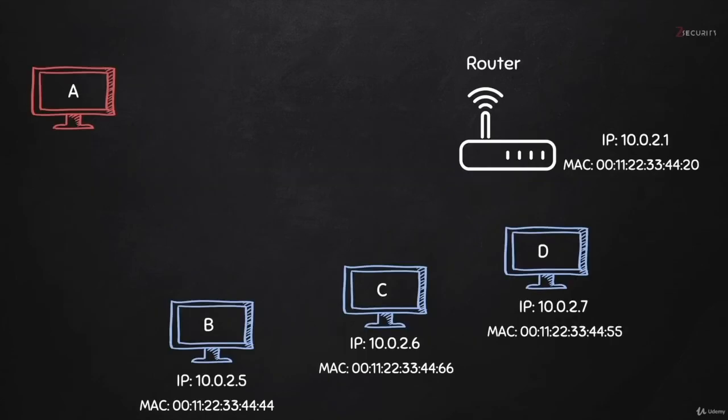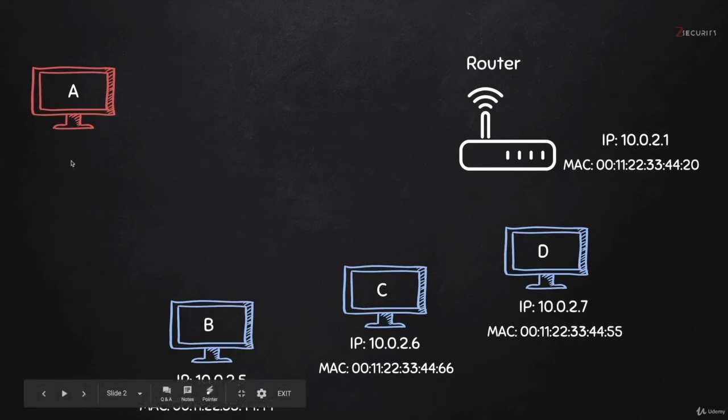So, for example, let's say we have a network here. We have devices A, B, C, and D. They're all connected to the same network. And we have the router here for this network. We can see that each device has an IP and a MAC address.